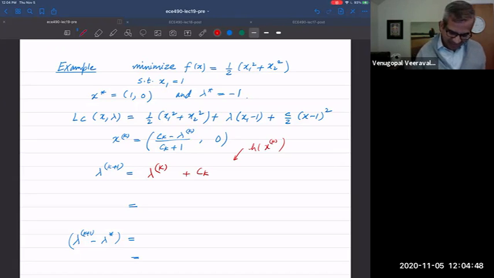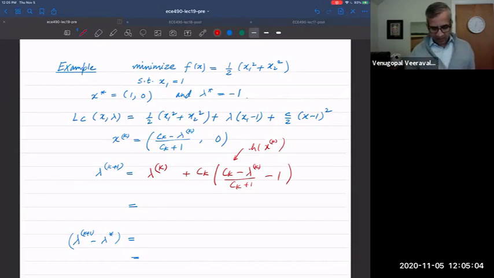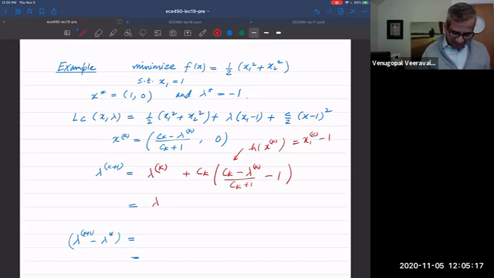So it'll just be c_k plus (c_k minus lambda_k) divided by (c_k plus 1), minus 1. This is x1 minus 1, right? And if we simplify this, it becomes lambda_k divided by (c_k plus 1) minus c_k divided by c_k.